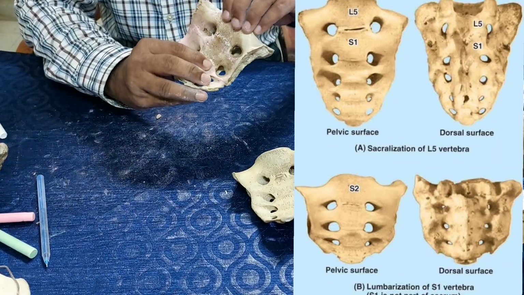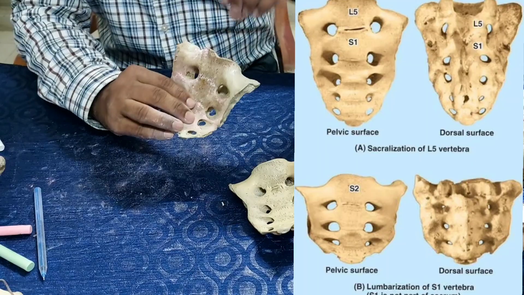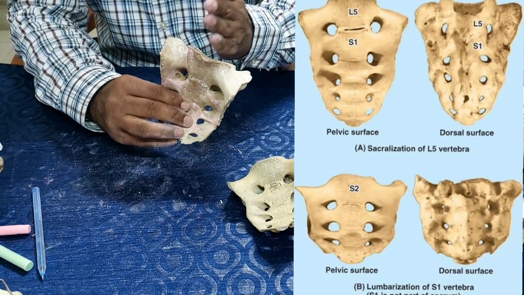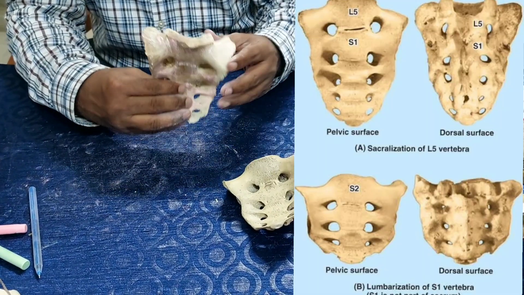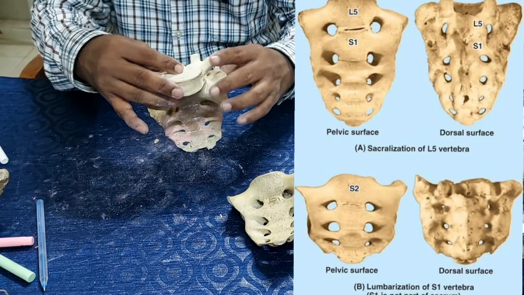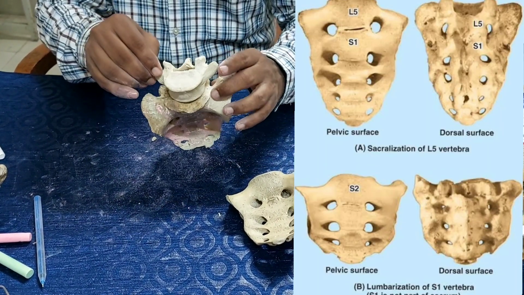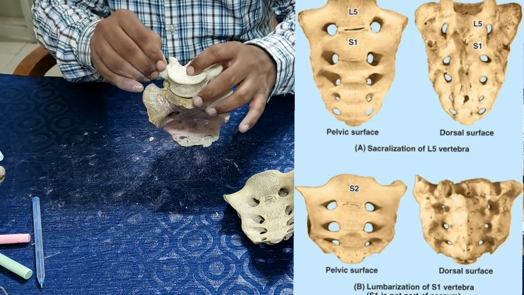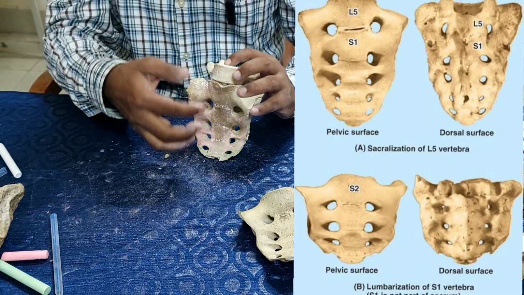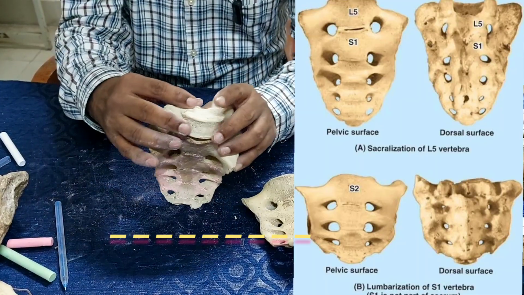If the first sacral vertebra detaches from the other sacral vertebrae and becomes a part of the lumbar vertebra, or fuses with the lumbar vertebra either by the body or by the transverse process, on one side or both sides, in that case it is called the lumbarization of first sacral vertebra, and the sacrum will consist of 4 sacral vertebrae.